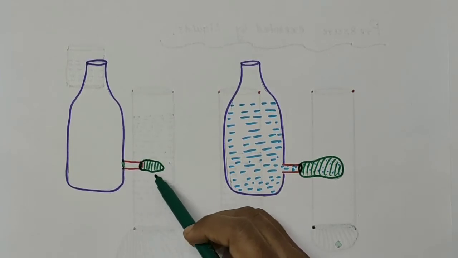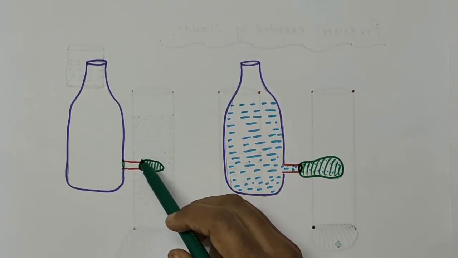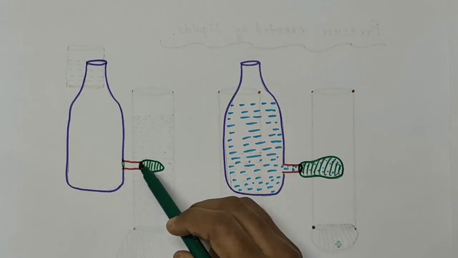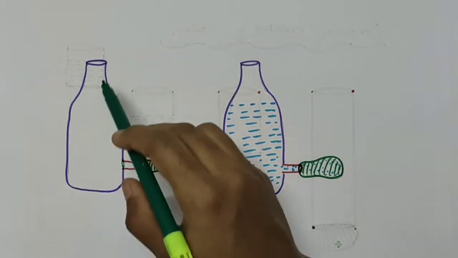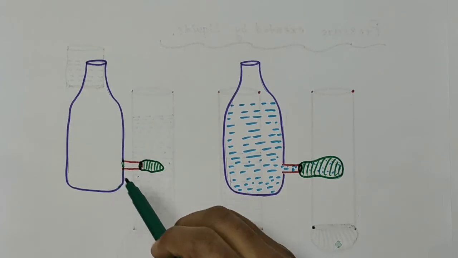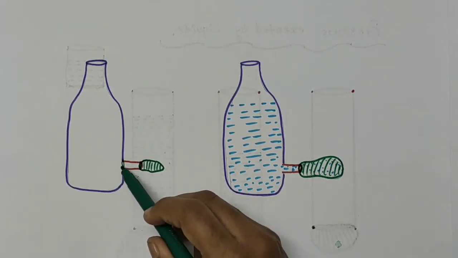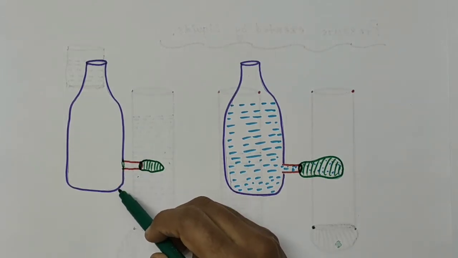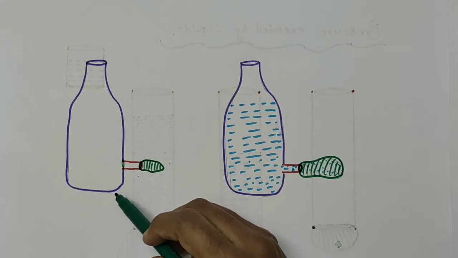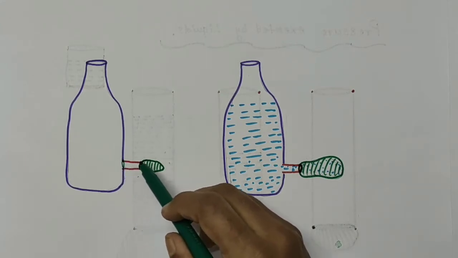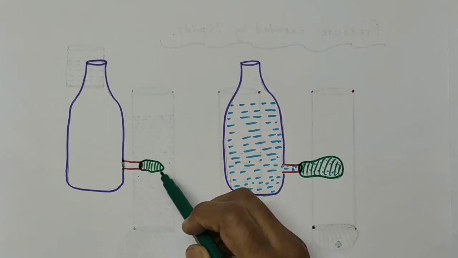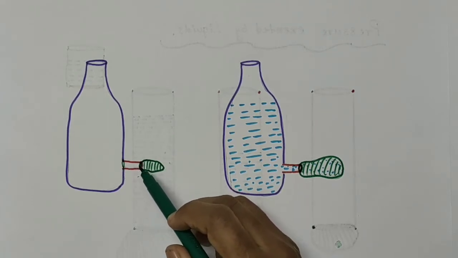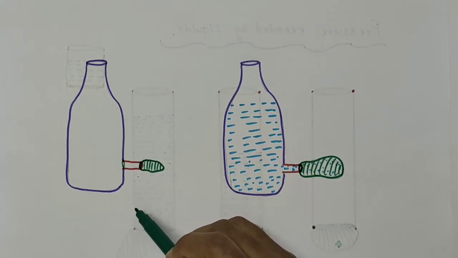Then a balloon, the green one, is attached on the mouth of this glass tube.